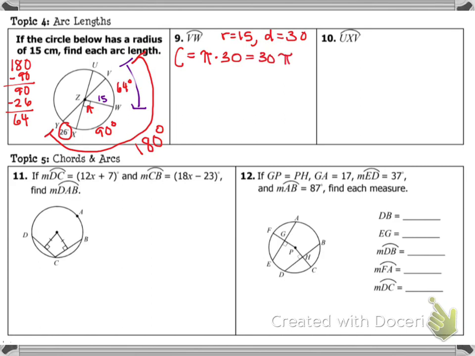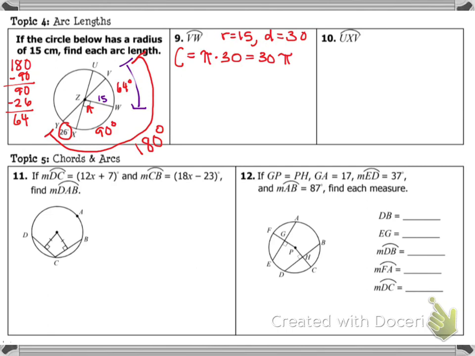What does knowing the length around the entire circle have to do with anything we're talking about? Well, 64 degrees is only a portion of all the way around the circle. I'm wondering, what portion of the circle is that?